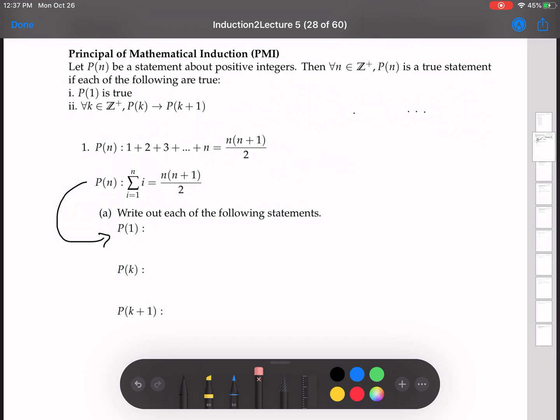Instead, what you want to do is just think of it as if we were to continue in this, if we were to do the same thing over n times, this is what we would get. But if we were to just add 1 plus 2 plus 3, if we were just to do that n equals 1 time, all we would have is 1.